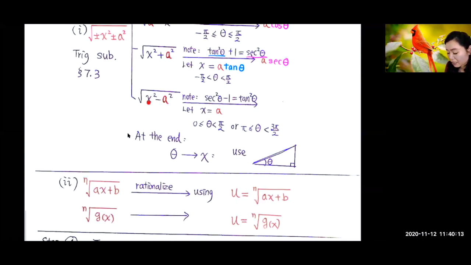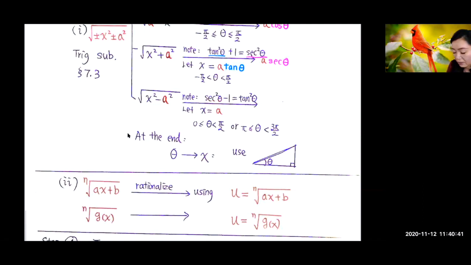Why? Think about this x squared over here, subtract this a squared, which corresponds to 1 over here. That is going to remind you of secant squared theta minus 1 equals tangent squared theta, right? So the x squared here corresponds to this. So when you choose the trig sub right here, you let x be a secant theta.